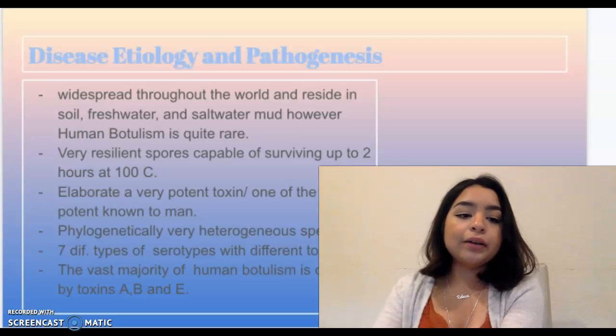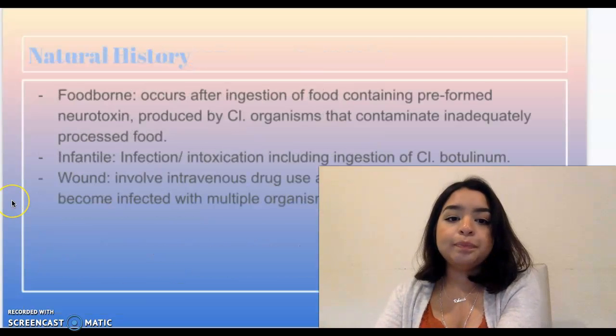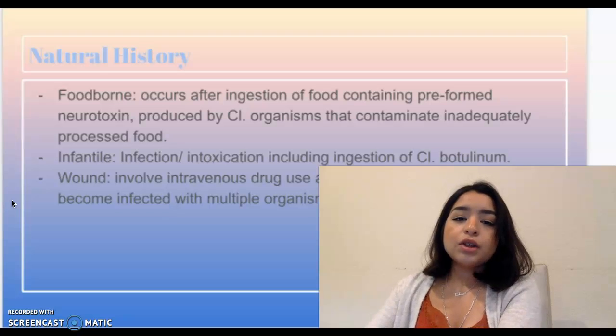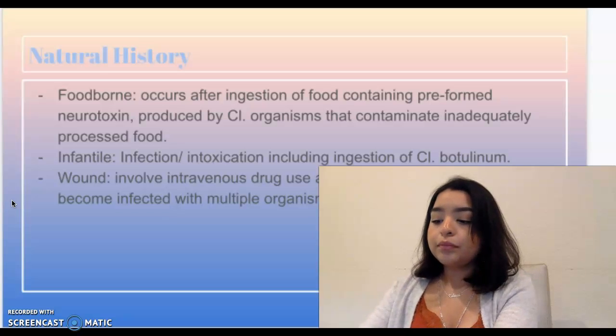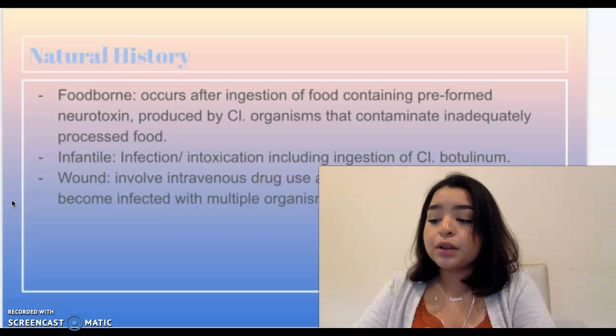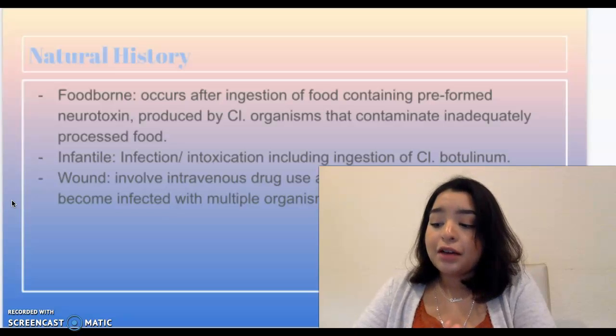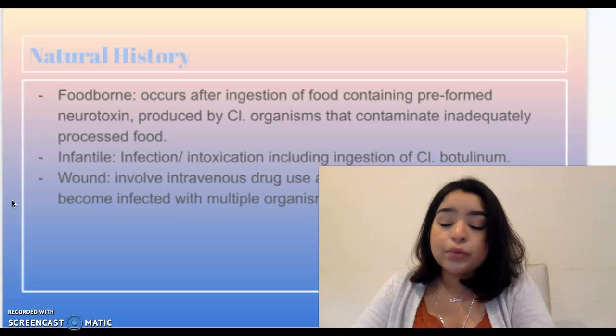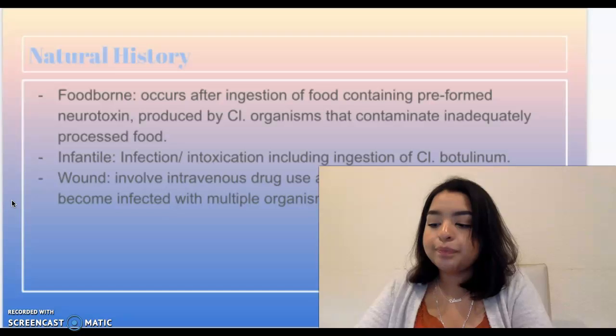So, how do you manage botulism? With foodborne botulism, historically the foods most often implicated in transmission have been low-acid, home-canned foods, mostly vegetables, potatoes, and fish.